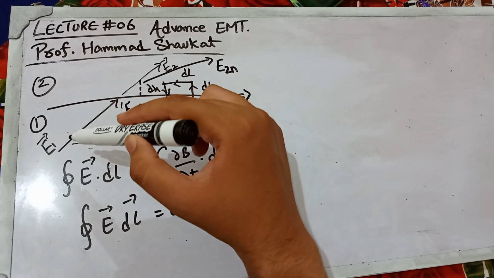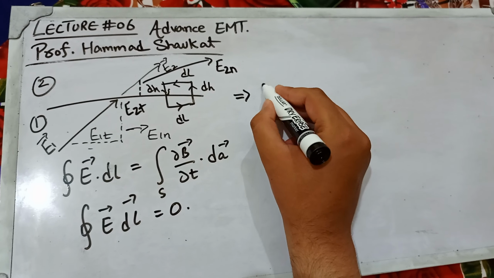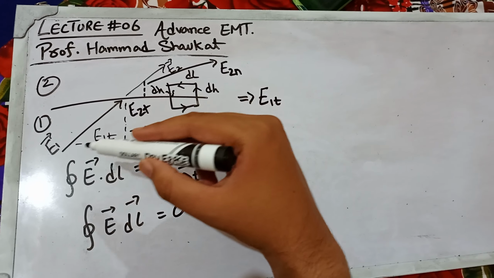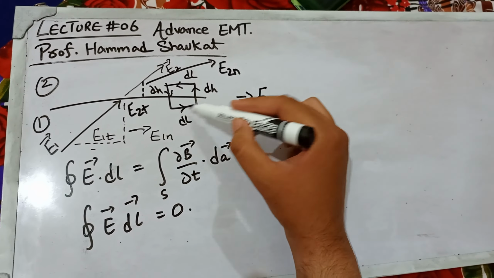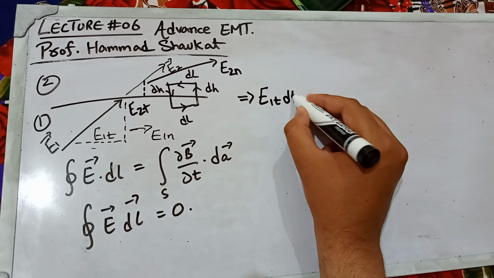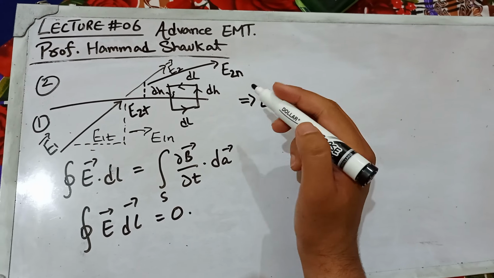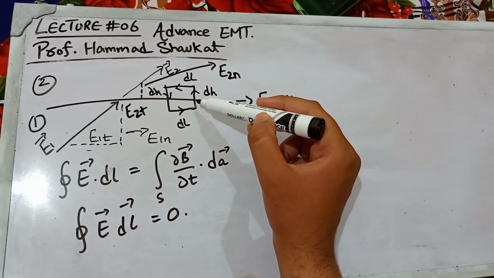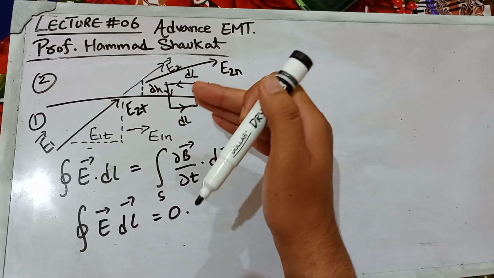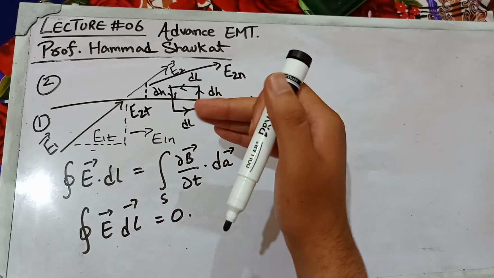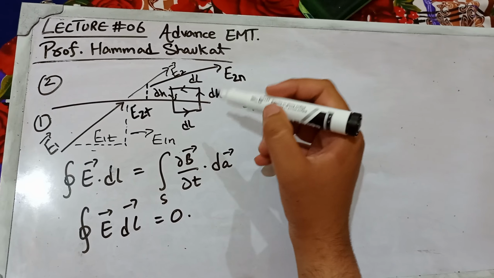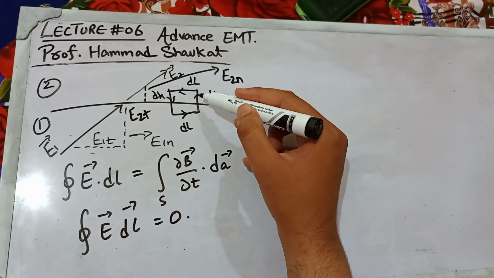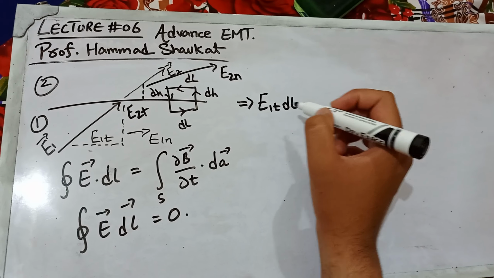So you can write, first of all, this field e1t. In the case of e1t, your length is basically dl. You can write complete dl. Now it's going in, but in one medium it's half, and in the second medium again half.